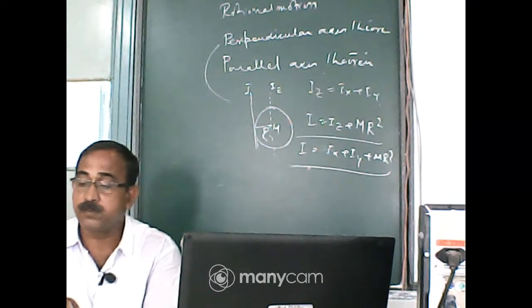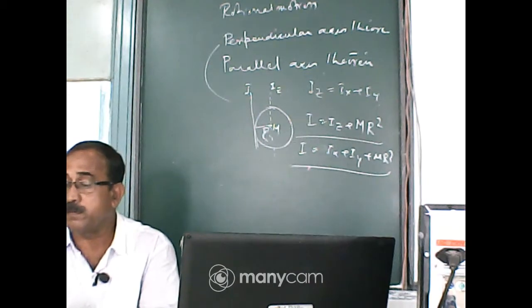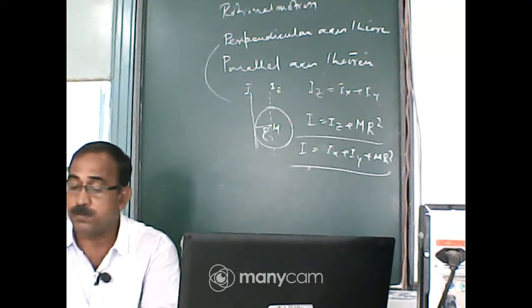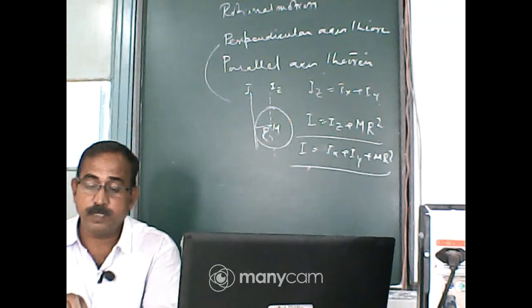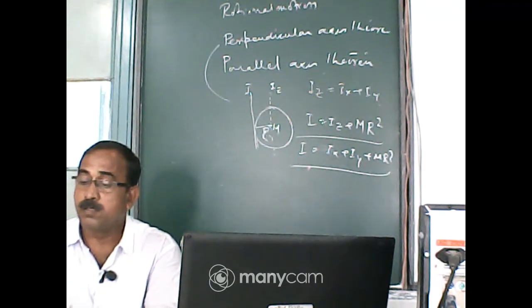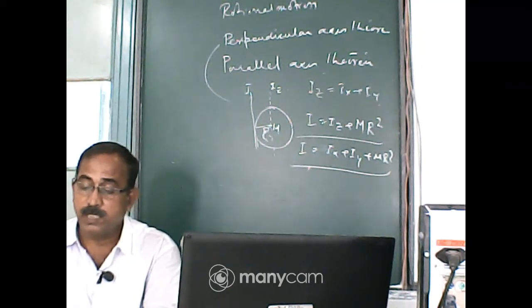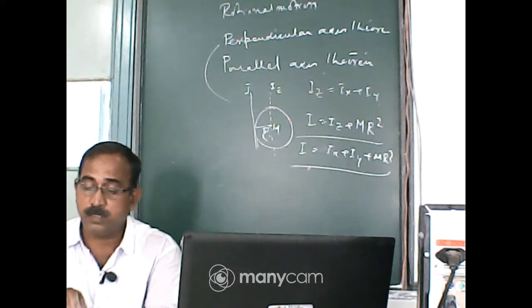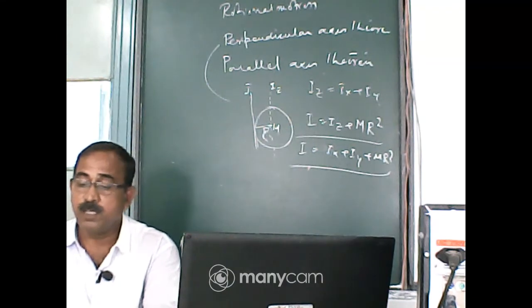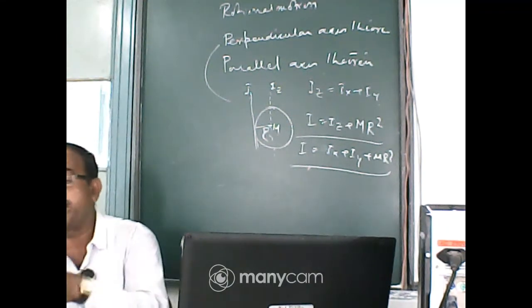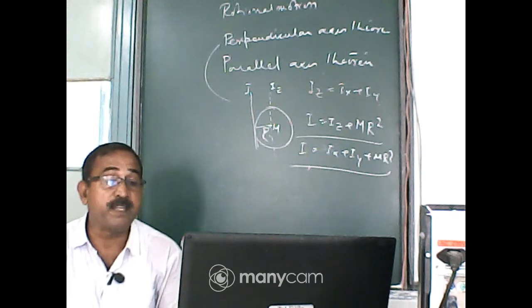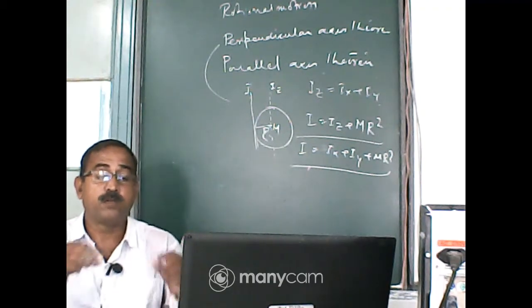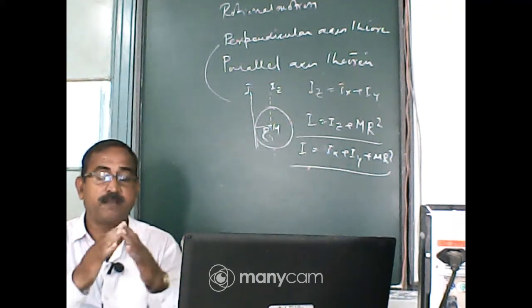Principle of moments: F1 into d1 minus F2 into d2 equal to 0, because you find out the mass of the object with the help of the beam balance in your practicals also, not the common balance, not the digital balance. You find out the mass of an unknown object with the help of the beam balance. With the help of a scale, a fulcrum is there.